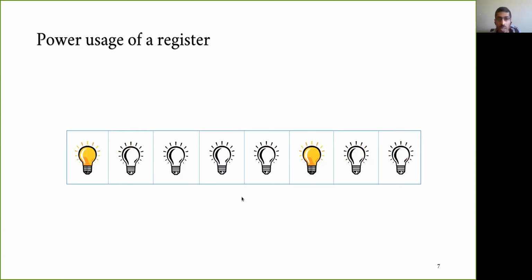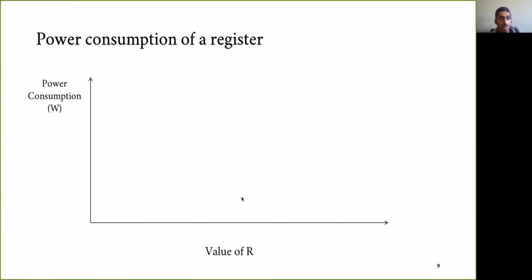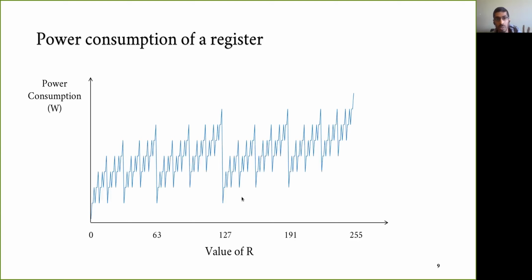Again, another two bits, so there's no change in the power draw. Let's draw a graph with the x-axis as the value of the register and the y-axis as the power consumption. Here you see that as the value increases, this pattern of power consumption arises.